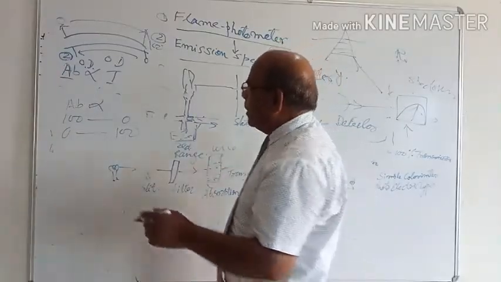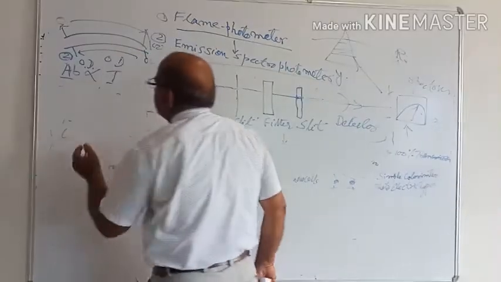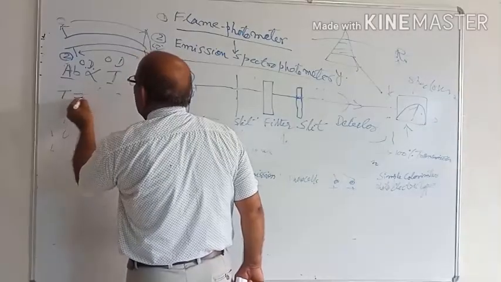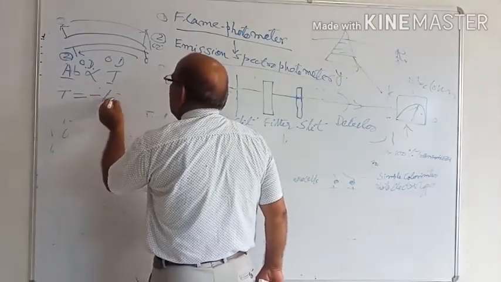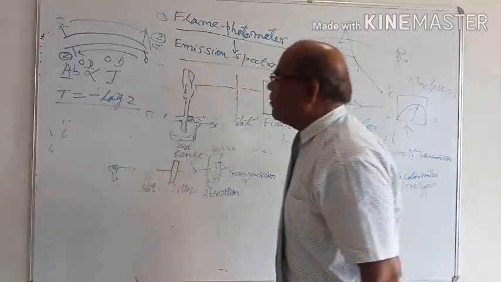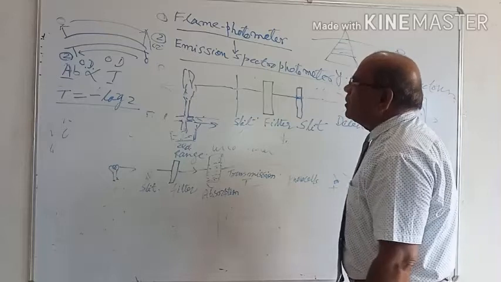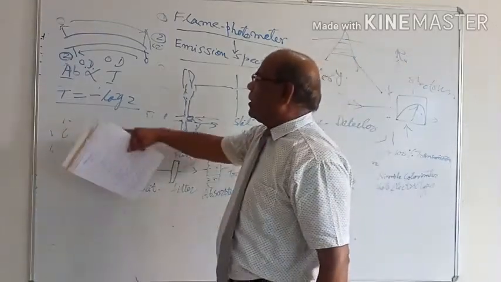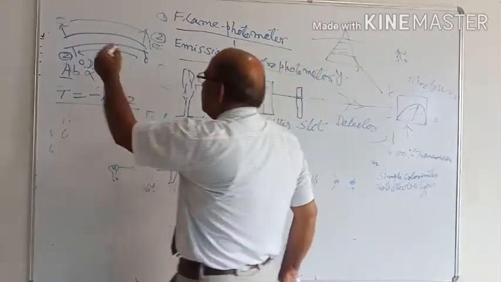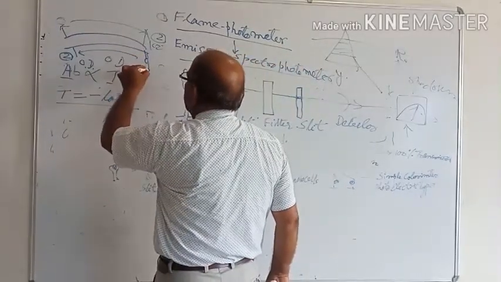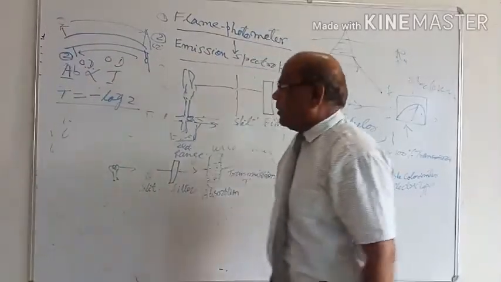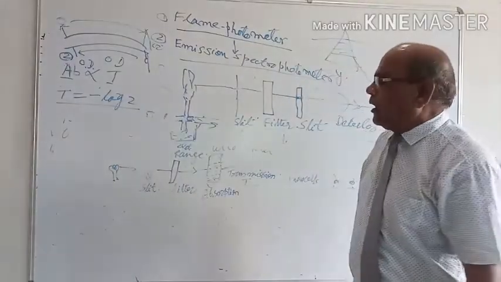The relation is given as A equal to minus log T. In advanced flame photometry or spectrophotometry, two scales are given on both sides: lower side transmission, upper side optical density. So we directly take our reading in optical density and calculate.